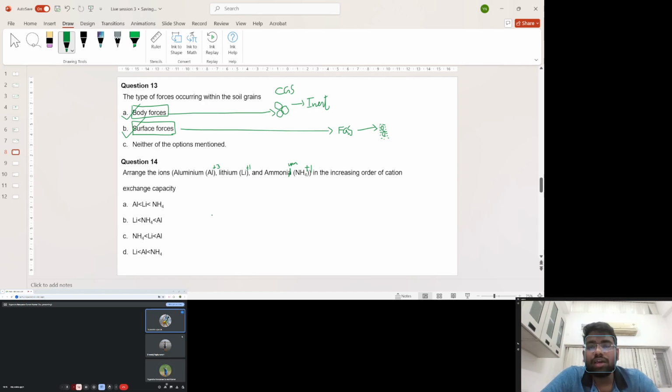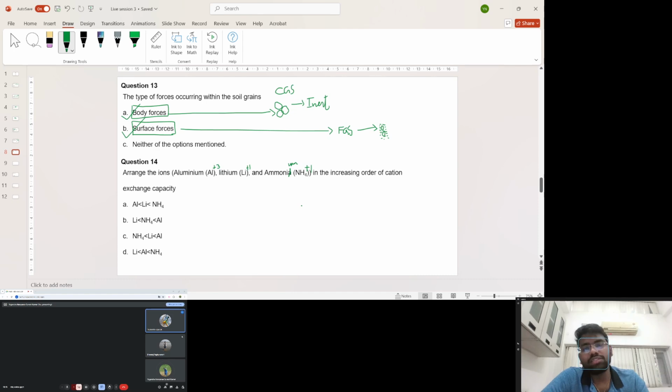Now you know the valency of these ions. So how do you compare cation exchange capacity between these ions? More valency electrons, more will be the cation exchange.